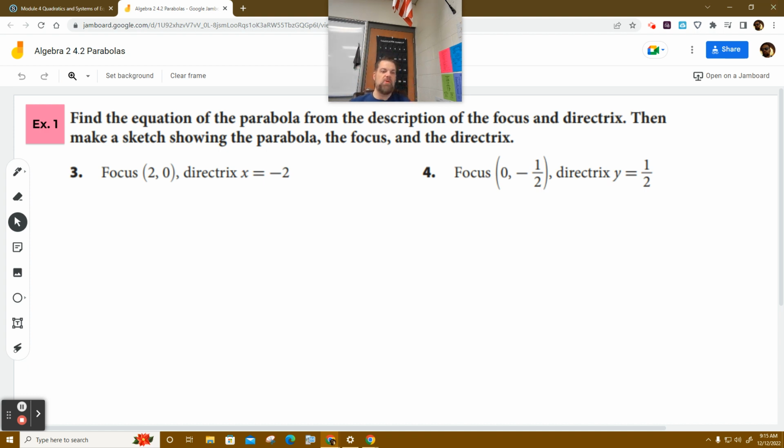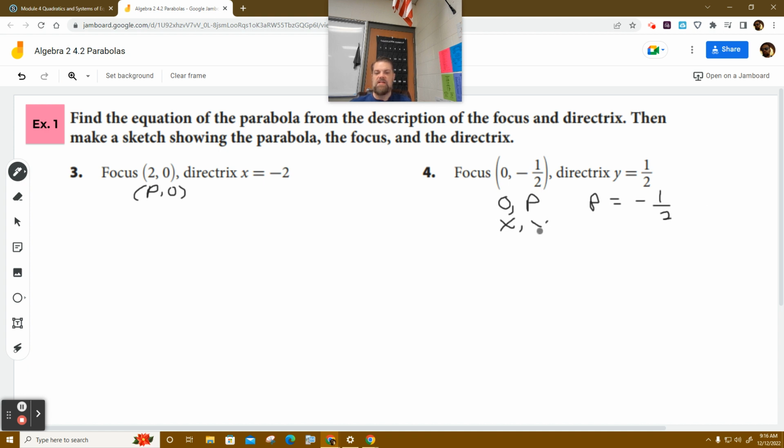So when you see a problem where they give you a focus and directrix, first and foremost, you're going to look at these two examples. Remember that P is the value that isn't 0. So this is P comma 0. And I'm going to jump to problem number 4. This is 0 comma P. So in this problem, P equals -1/2, and it is a y value.